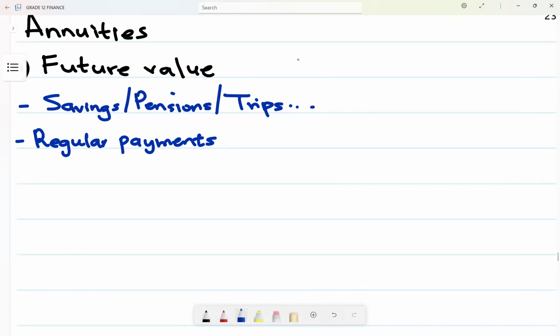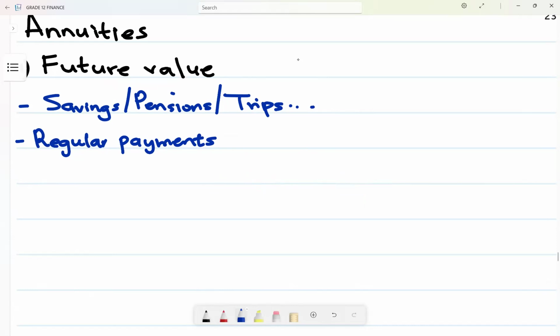Unlike a compound formula where you save 10 rand now and want to see how much you will have in 2030. No. In this case, you're investing 10 rand, 10 rand, 10 rand until the last day that you're going to be collecting your money. This is another hint that you're going to be using future value. It should be regular payments.